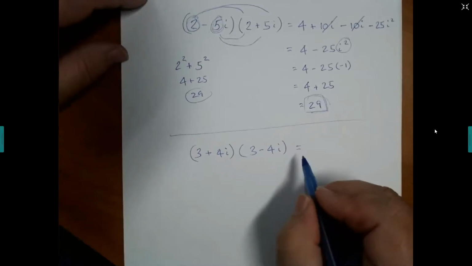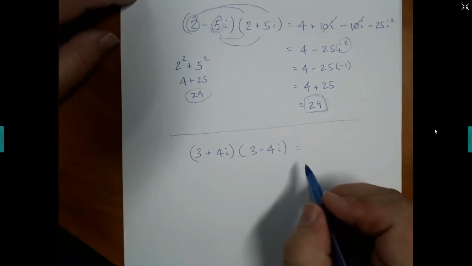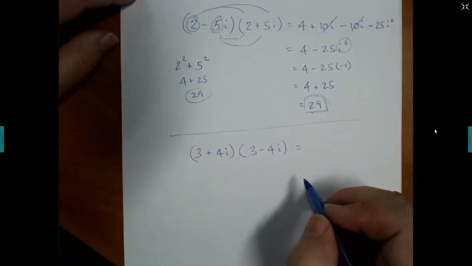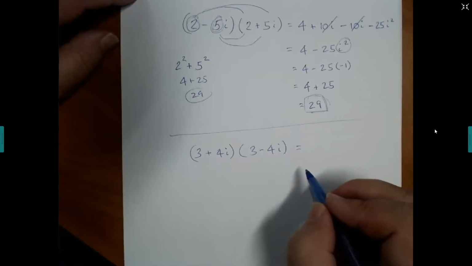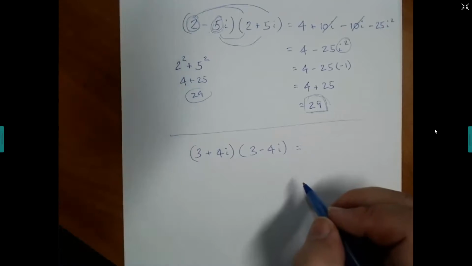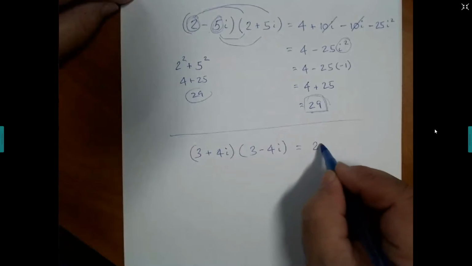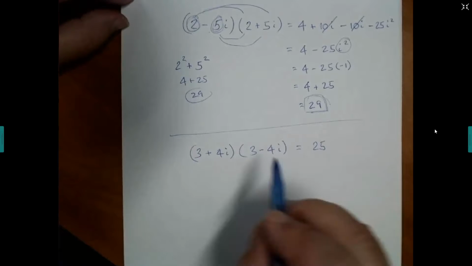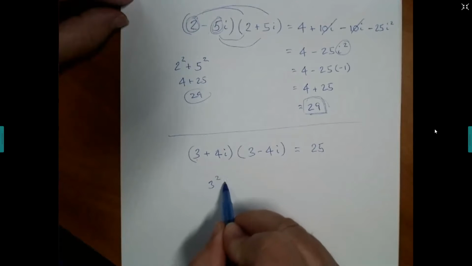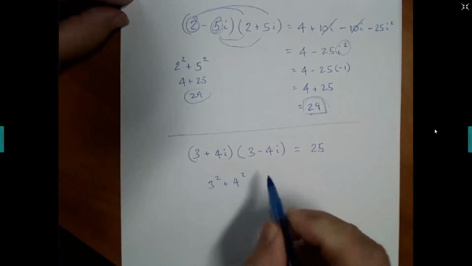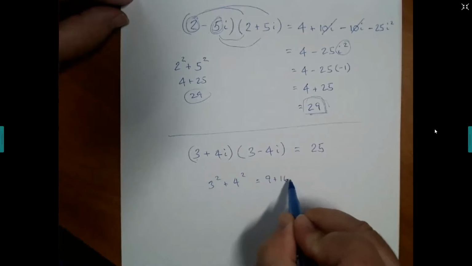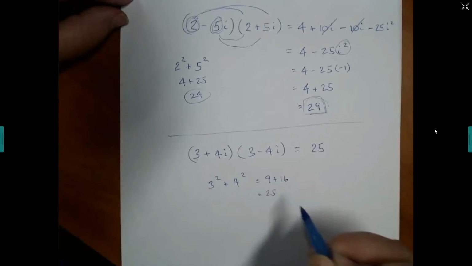Okay, what's that answer going to be? 3 squared plus 4 squared. 9 plus 16, 25.